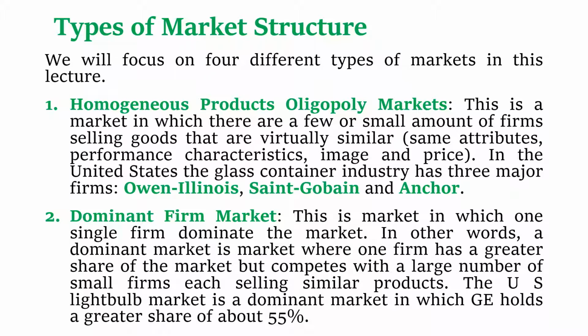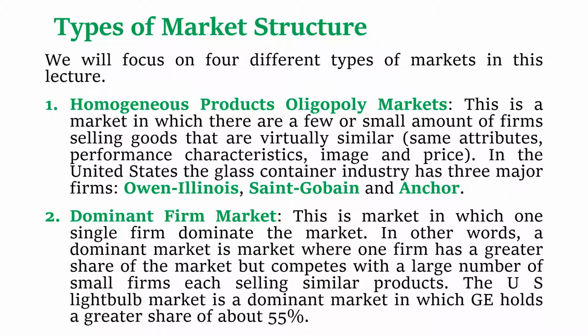Even though a single firm dominates, there are also a lot of small firms that compete with this big firm. You have many small firms, each also selling similar products. But in terms of characteristics and product quality, those products are not the same as the products produced by the dominant firm.